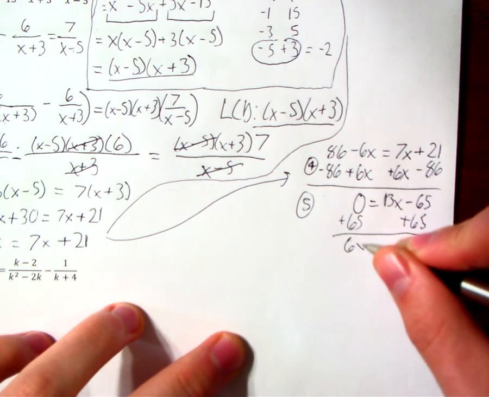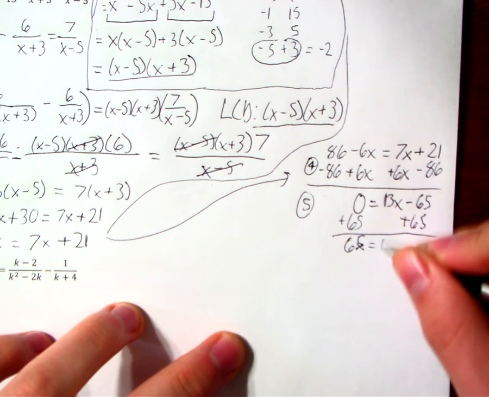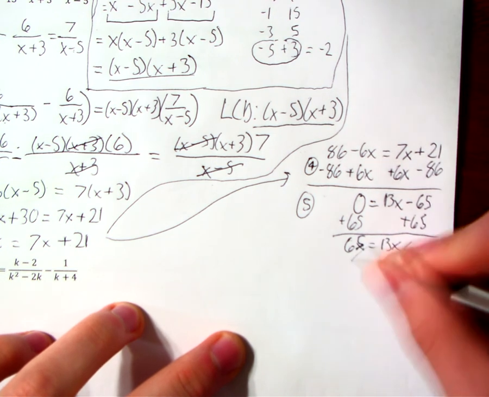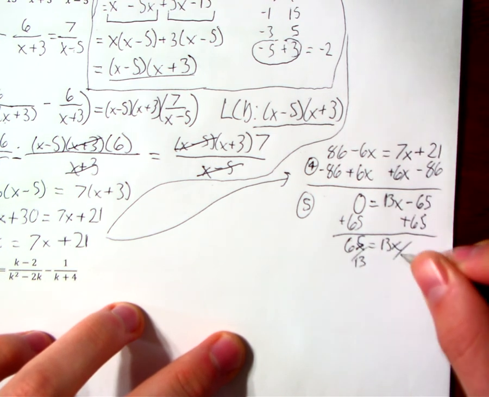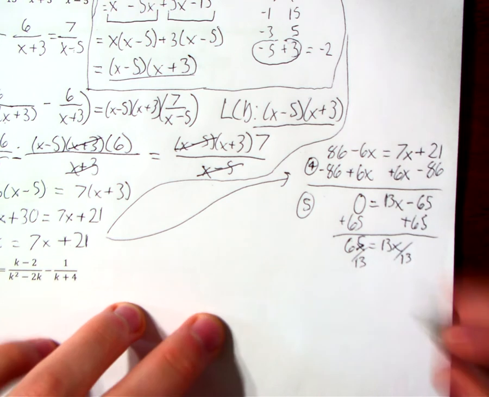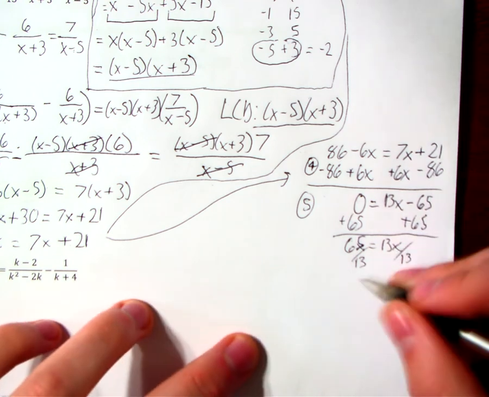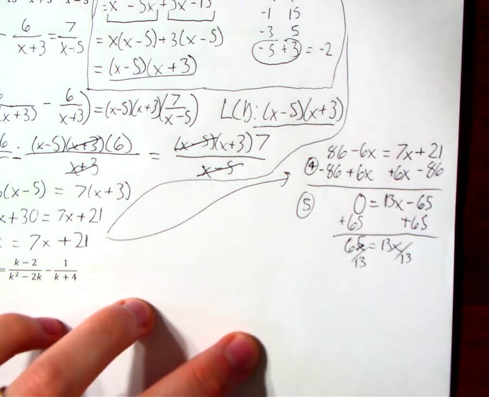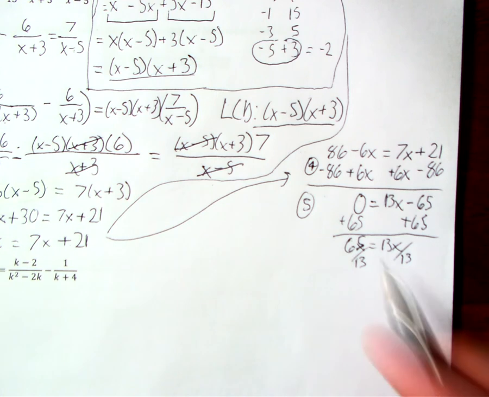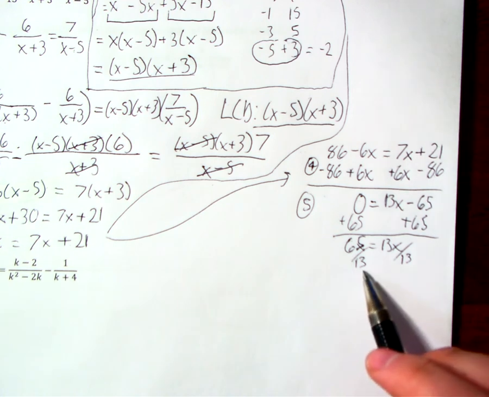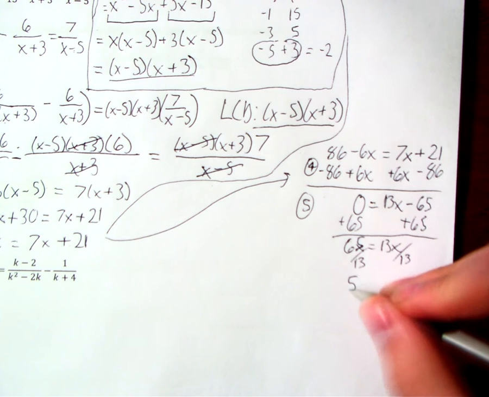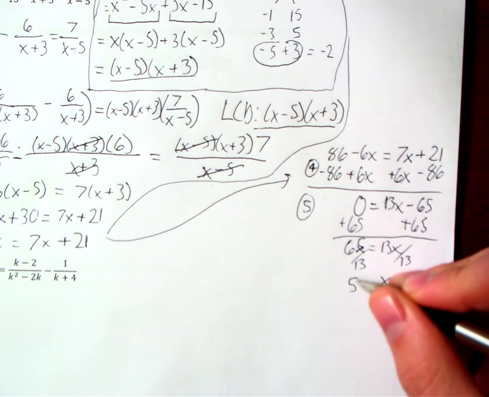I've got 65 is equal to 13x, and then I can divide both sides by 13. Okay, so 65 divided by 13 is going to be 5, I believe. 5 times 13 is 50, plus 5 times 3 is 15. Yeah, so 5 is equal to x. X is equal to 5.